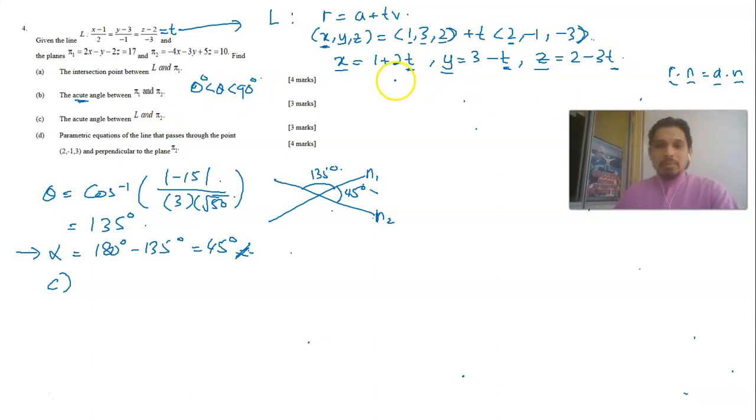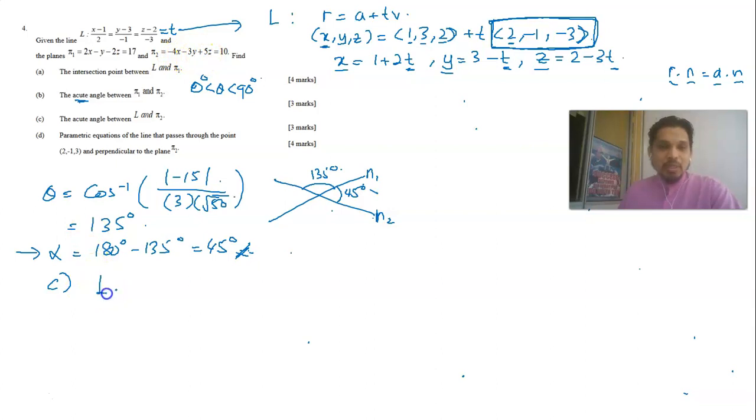So now we are referring to this vector for L1. We are referring to this, our reference vector for L1 and pi 2. Pi 2, here we look at -4, -3, and 5.